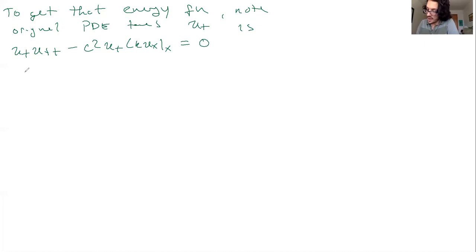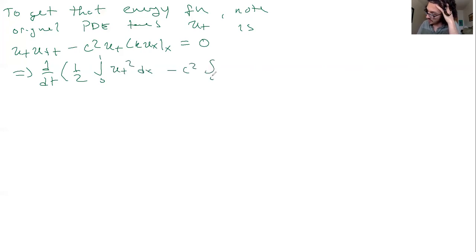So this implies that the derivative with respect to t of a half the integral from 0 to 1 of u_t squared dx, minus c squared integral from 0 to 1 of u_t (k u_x)_x dx, is equal to 0.